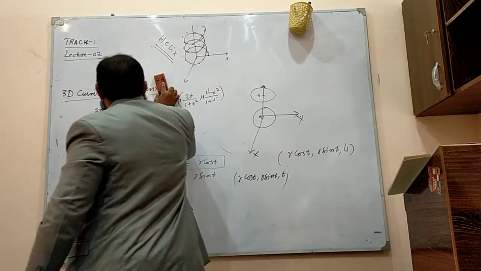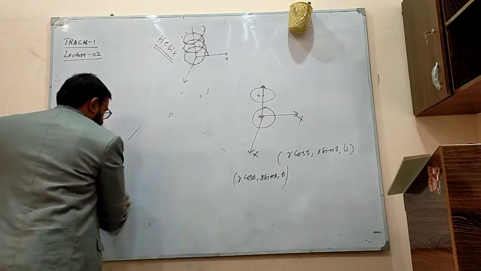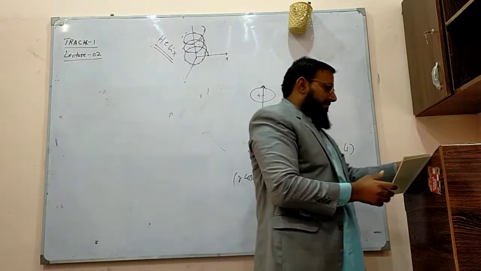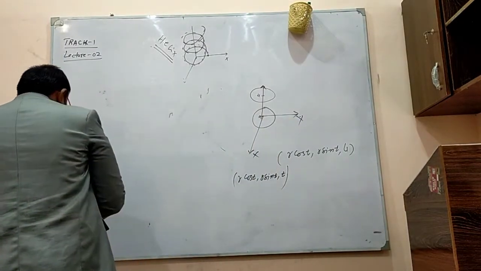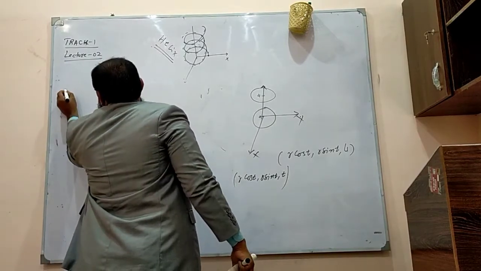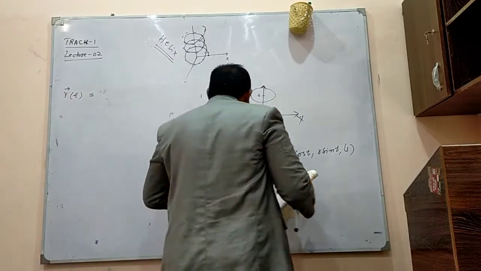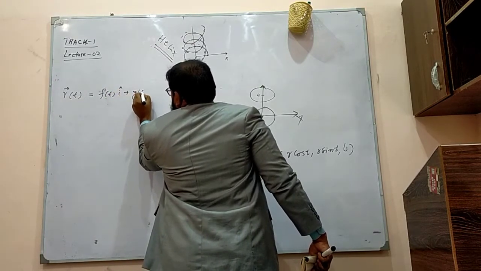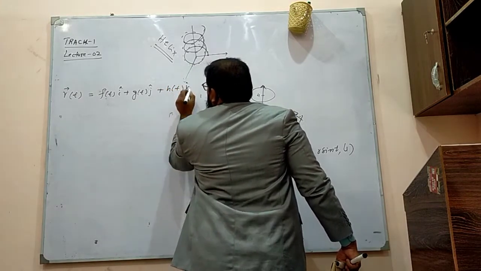So let us take a generalized example for this. A 3D curve is basically a position vector r of t, and it depends upon a parameter t: f of t i hat plus g of t j hat plus h of t k hat.